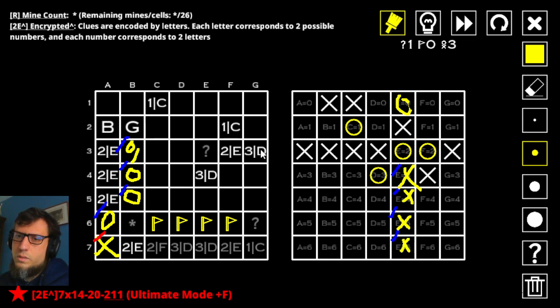So this D would then have to be 1. Because if it's 0, this E would only have 1 space left, and yeah, okay. Because obviously, yeah. So that means this is a mine.